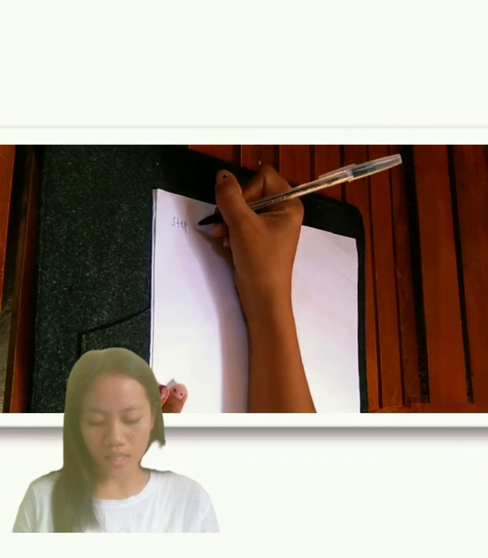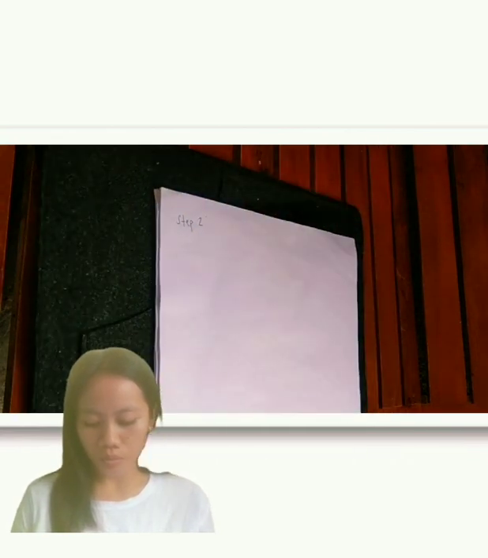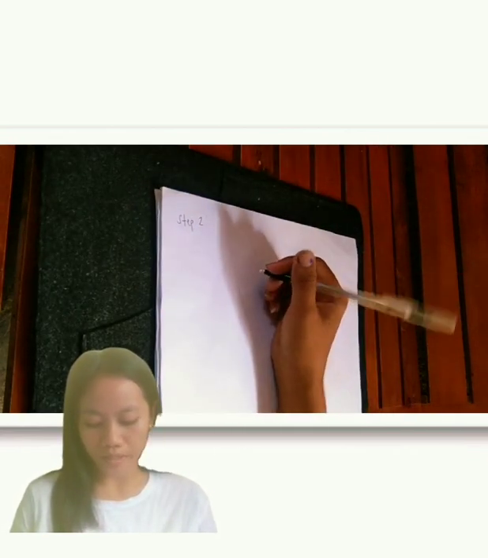In step 2, we're going to pad the length.